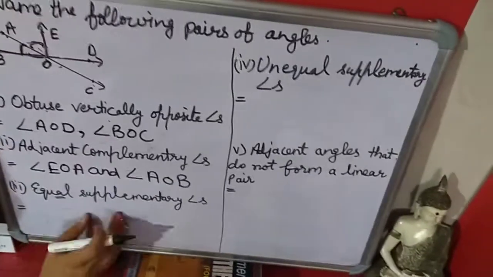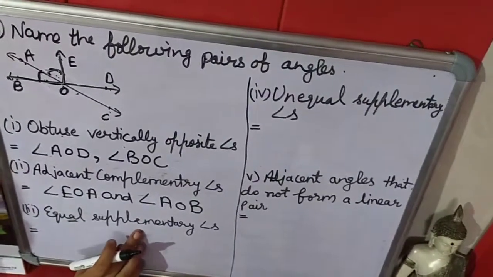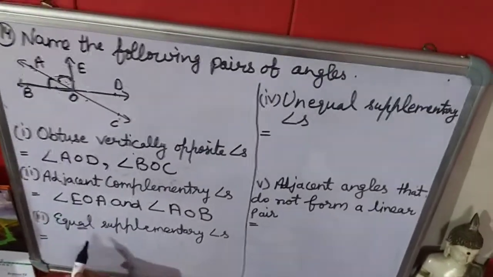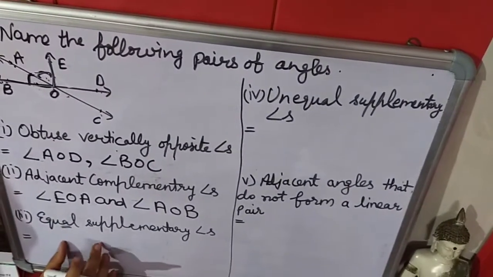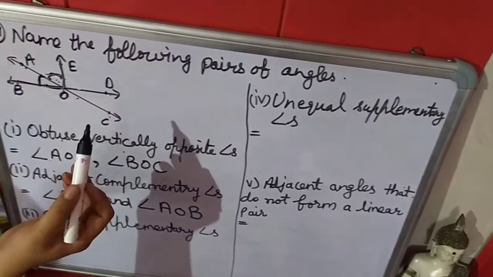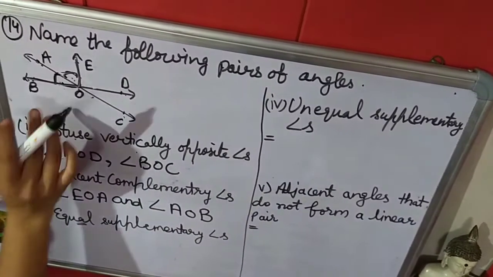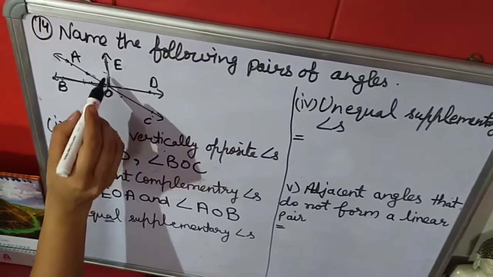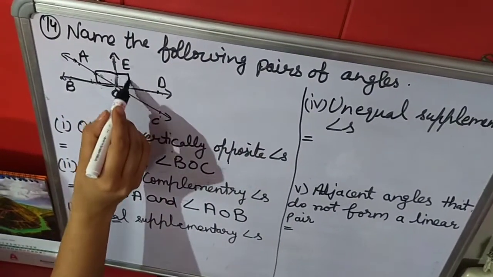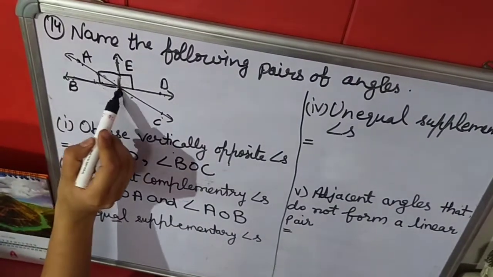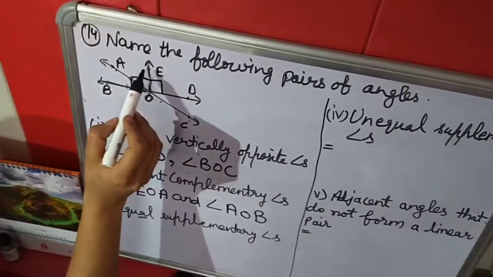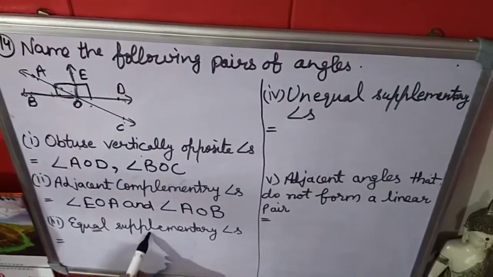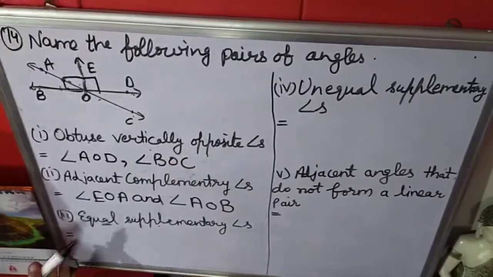Now the third is equal supplementary angles. Equal means both angles should be the same. Supplementary means the sum should be 180. So when will it be equal? When 90 plus 90 is equal to 180. Both angles should be 90. So what is the equal supplementary angle pair? Angle BOE is 90 degrees, and angle EOD is also 90 degrees. Both are equal and both are supplementary because 90 plus 90 is 180.